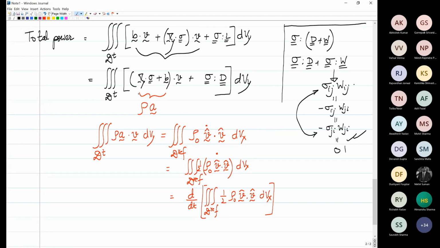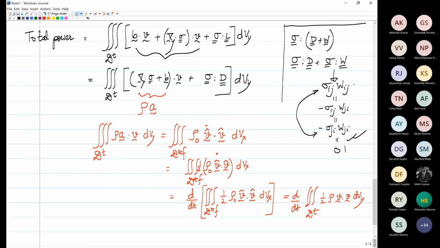Can someone tell me what is this thing? Yes? Anyone? Right, kinetic energy of this part of the body.